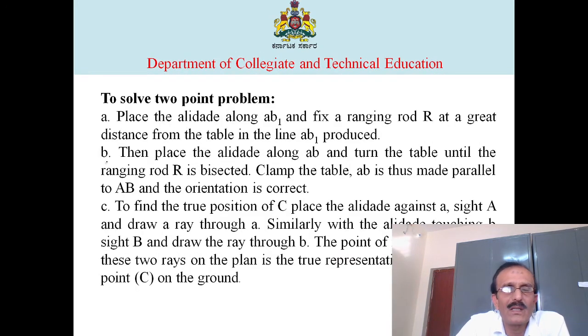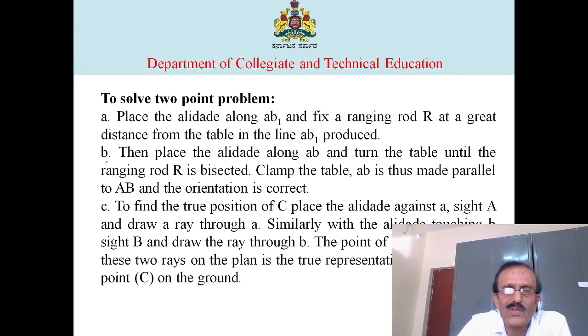To solve this 2-point problem, place the alidade along ab1 and fix a ranging rod R at a great distance from the table in line with ab1 produced. Then place the alidade along ab and turn the table until the ranging rod R is bisected. Now clamp the table. ab is thus made parallel to ground stations AB and the orientation is correct.